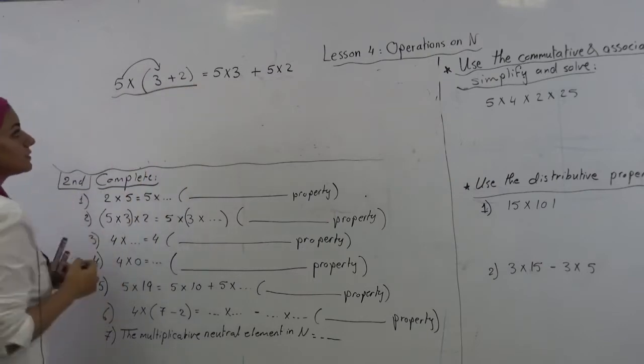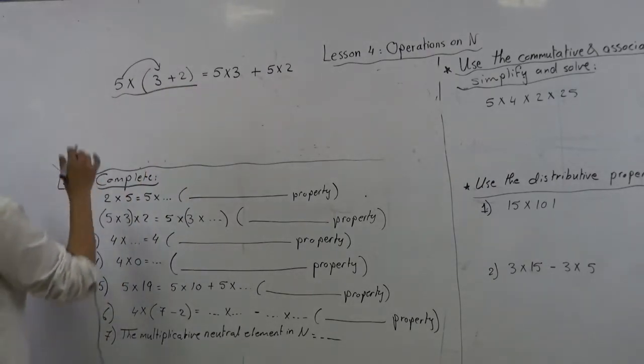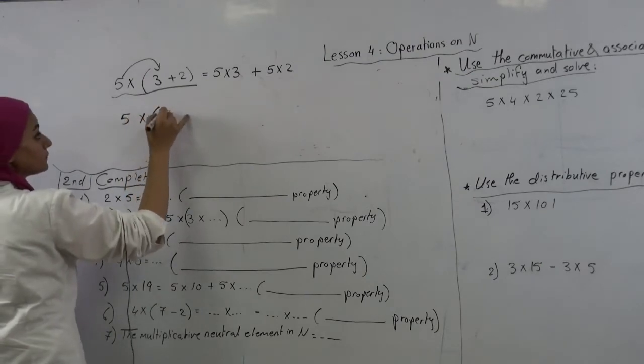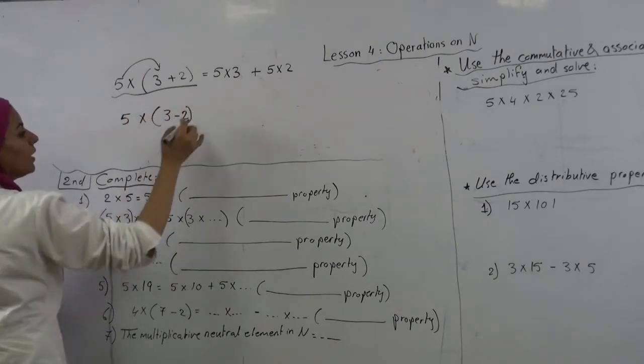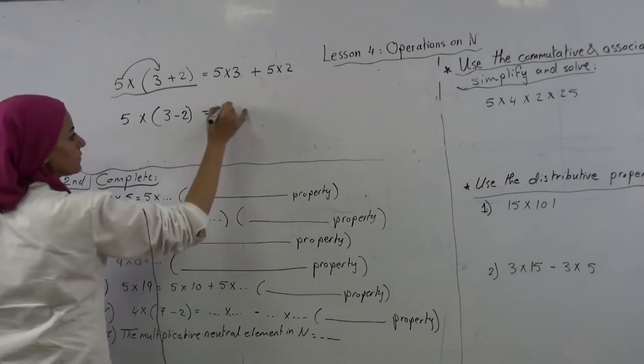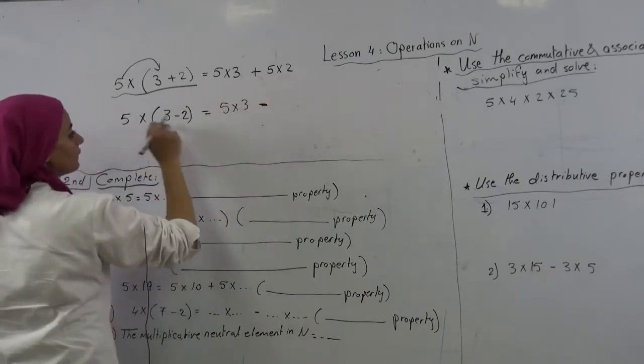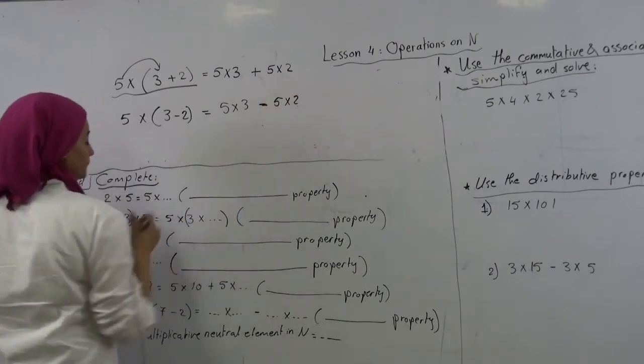This is called the distributive property. Multiplication also distributes over subtraction. It will be 5 times 3 plus or minus, here it is minus, 5 times 2.